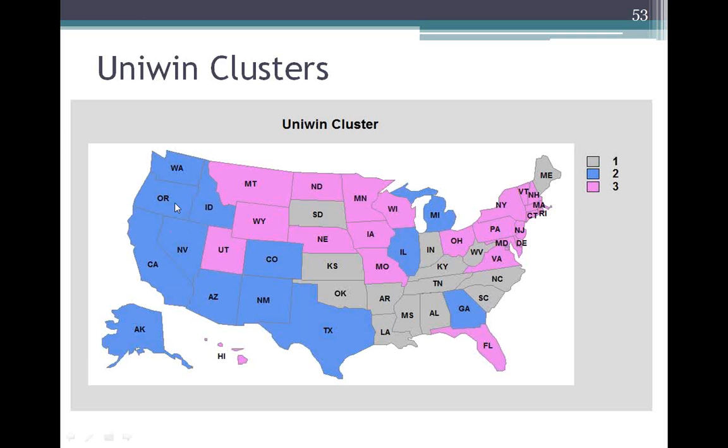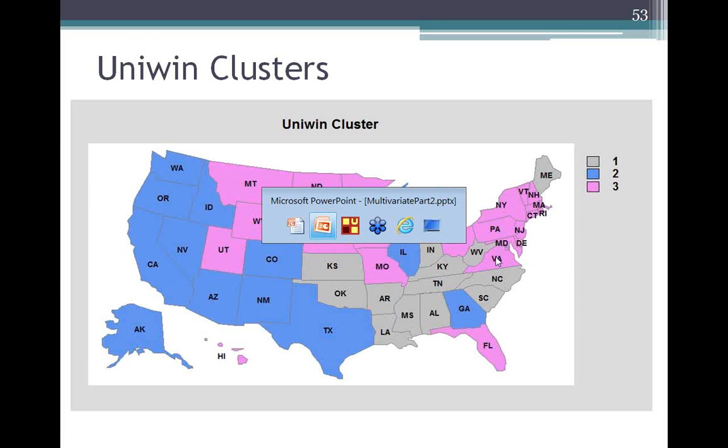You can see, though, the western states and the southwestern states are together. The south is pretty much intact except for Georgia. And now the northeast and the north central, with Florida and Virginia, define a 3rd group.